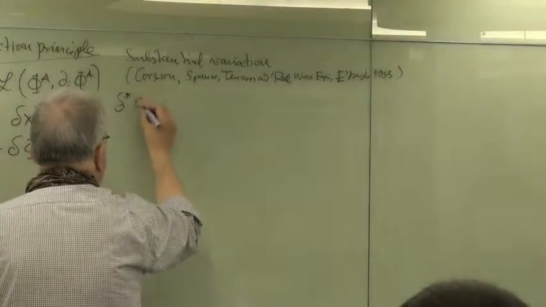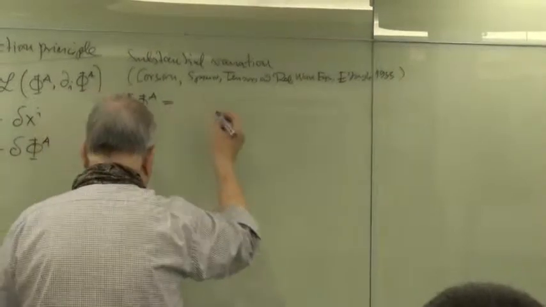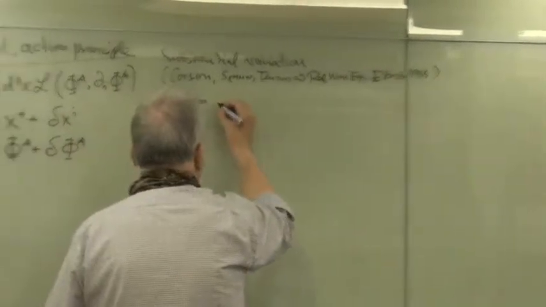Delta star, I mean, we just subtract a transport term from the variation of the phi.